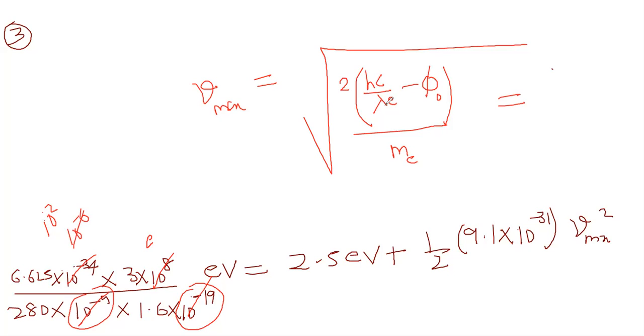Okay, got it. We did the same thing. See here, hc by lambda into 1.6, all this is already there. So instead of eV, you wrote h nu minus work function by m.